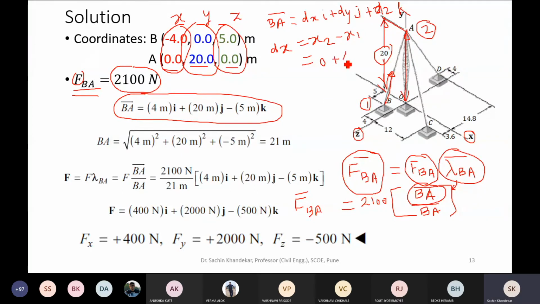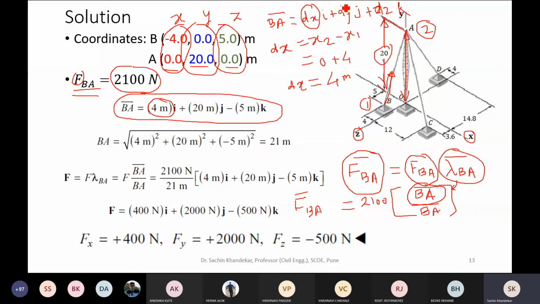Now minus minus becomes plus 4, and hence dx is 4 meter, and that is what is given here, dxi. I means the unit vector along the x-axis, correct? So we got the magnitude of dx as plus 4 meter. Any doubt till this point? No doubt. No, sir. Okay, good, very good, fine.